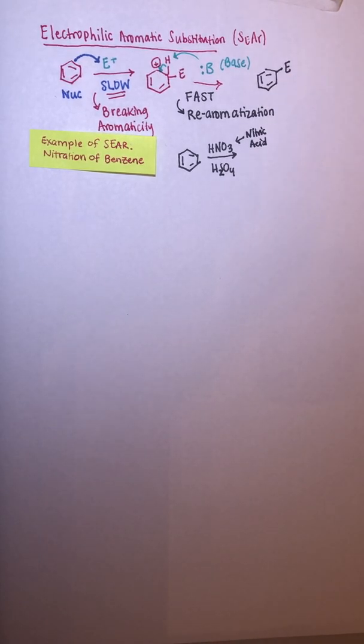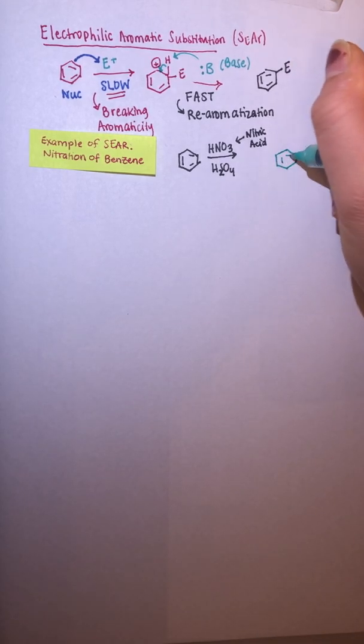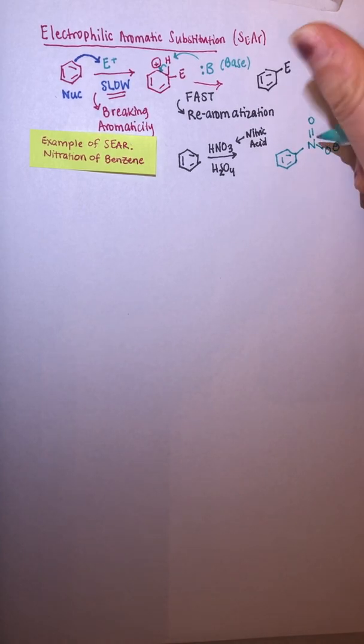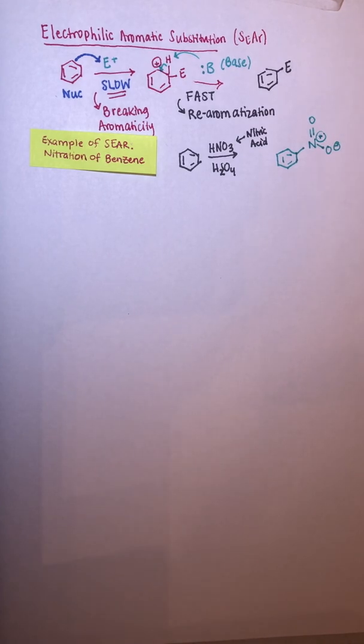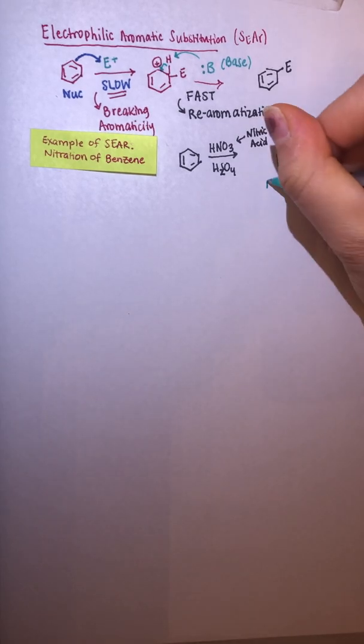And then we get our benzene ring with a nitro group attached, which looks like this. And yes, I do recommend that you know the structure. It's not too important for SEAr, but when we go into SNAr in the next section of this video, you'll see exactly why we need to know the structure of this group. This is called nitrobenzene.